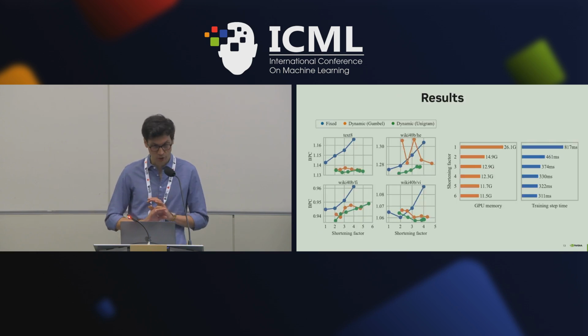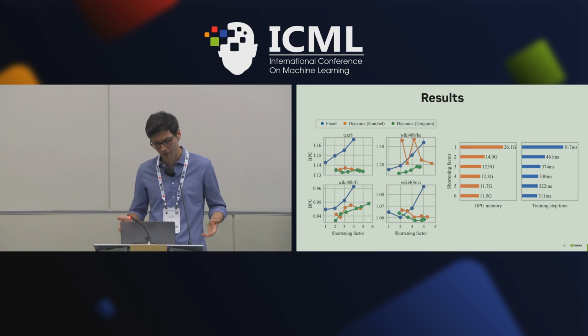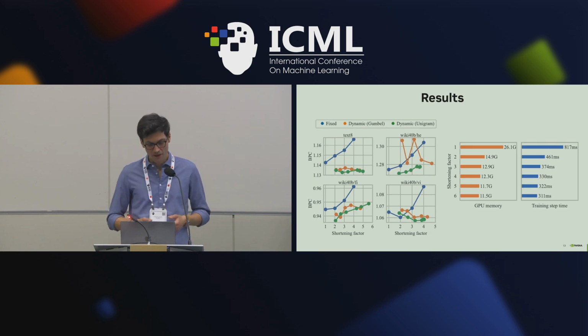Now, just to have a quick look at the results, more results are obviously in the paper. The fixed pooling, which is the pure hourglass architecture, nothing dynamic, doesn't perform well on language. The unigram baseline is very strong. It was kind of hard to beat. White space baseline as well.